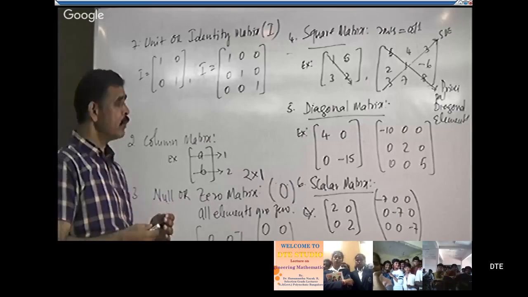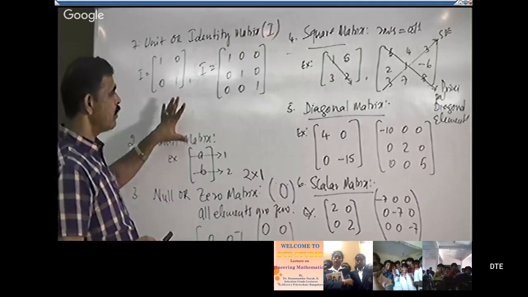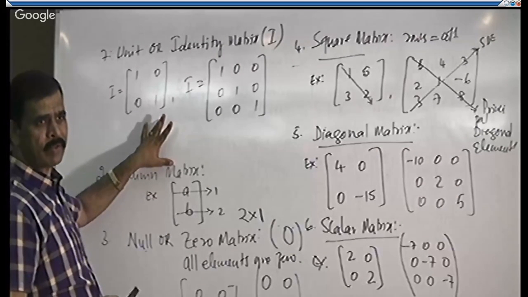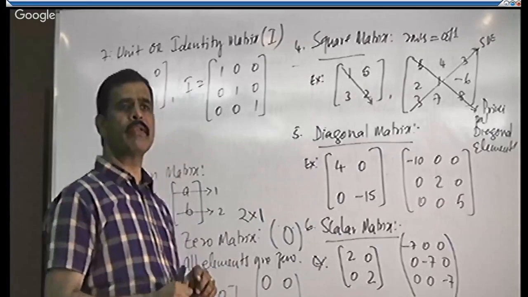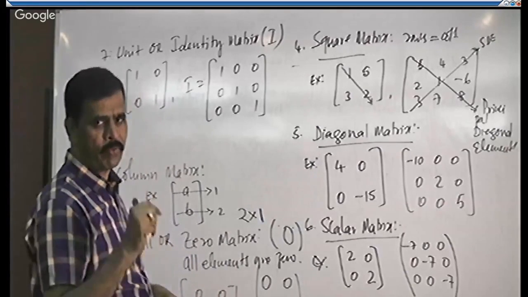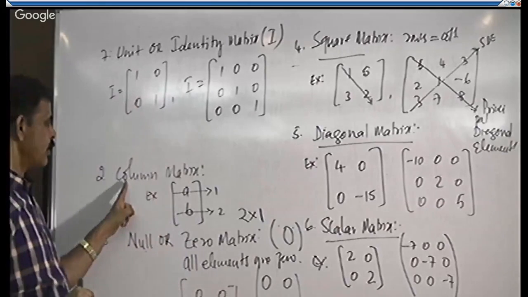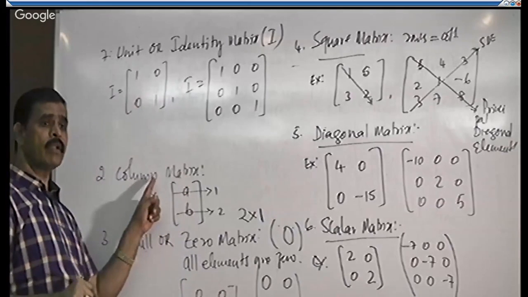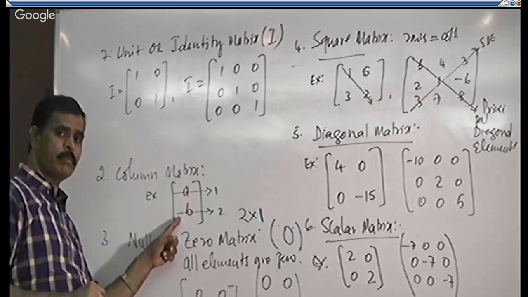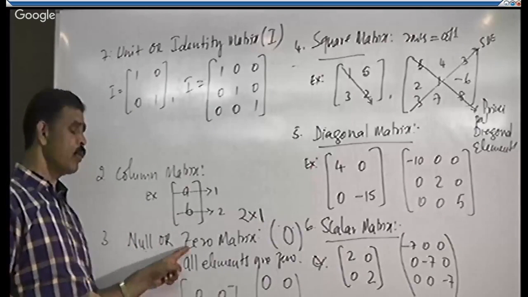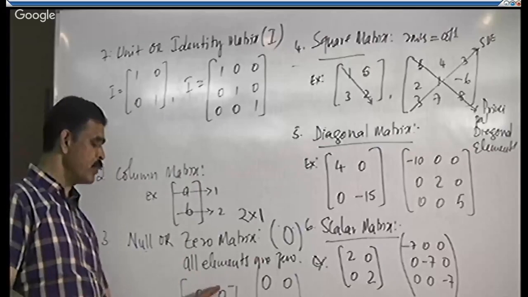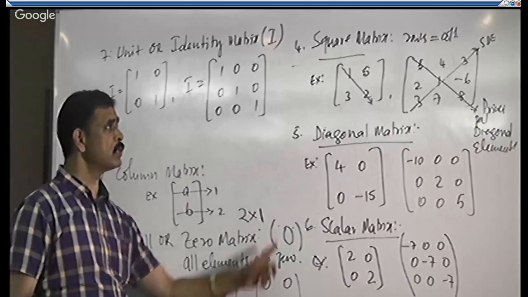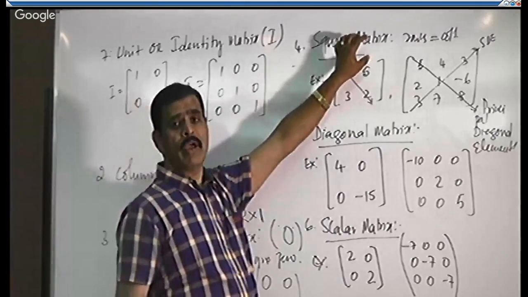Now we have these different types of matrices. I repeat: a row matrix is a matrix having only one row. A column matrix is a matrix in which we have only one column. A null or zero matrix is a matrix in which all the elements are equal to zero.